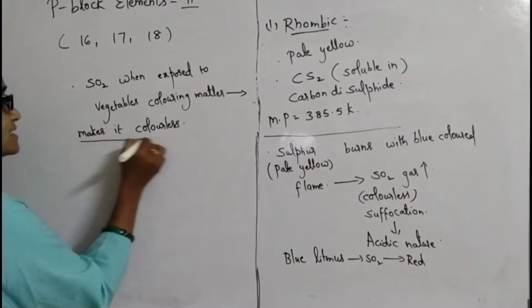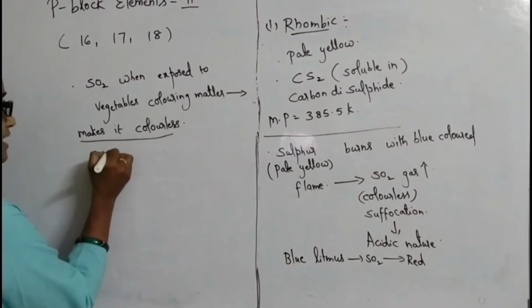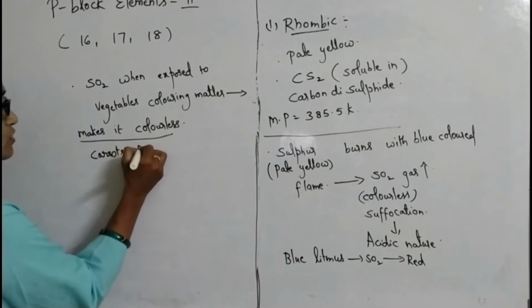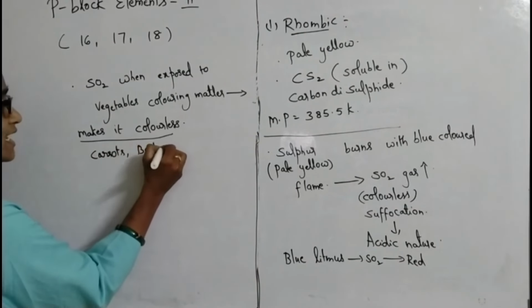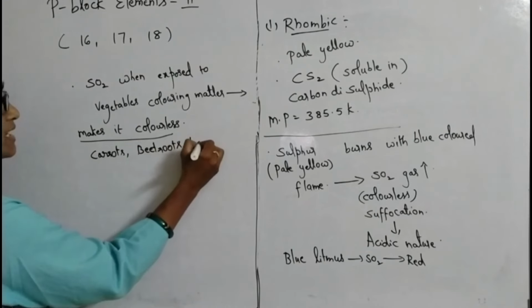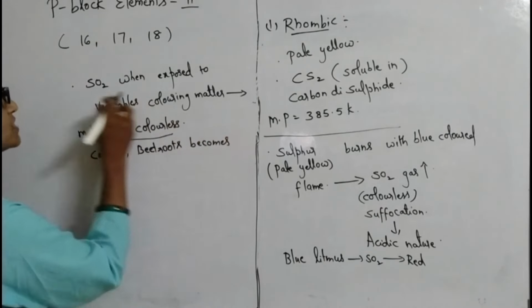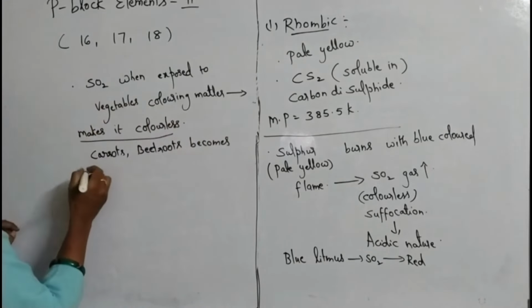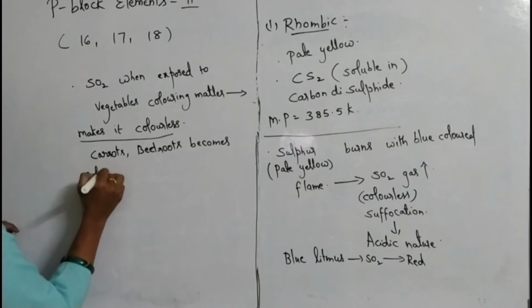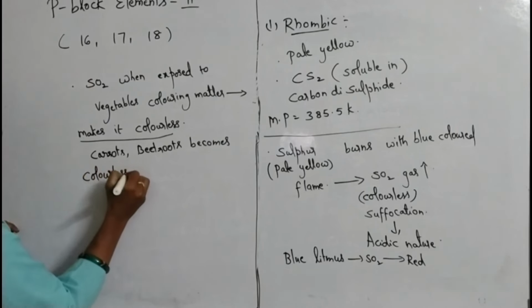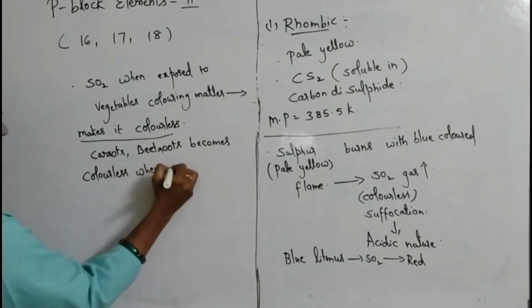It makes them colorless. Carrots and beetroots become colorless when exposed to sulfur dioxide gas.